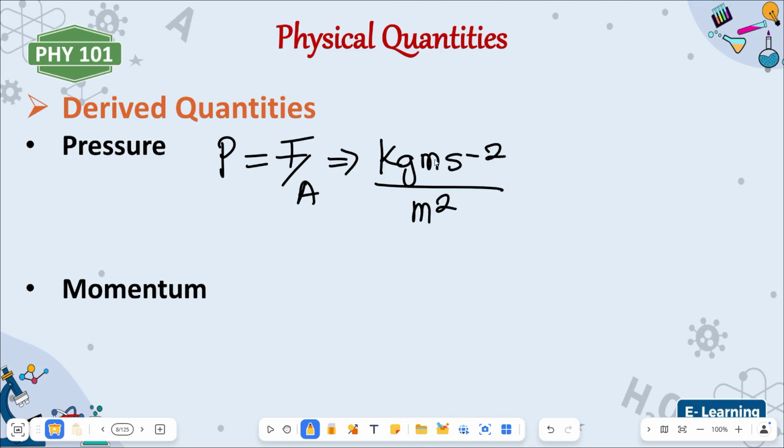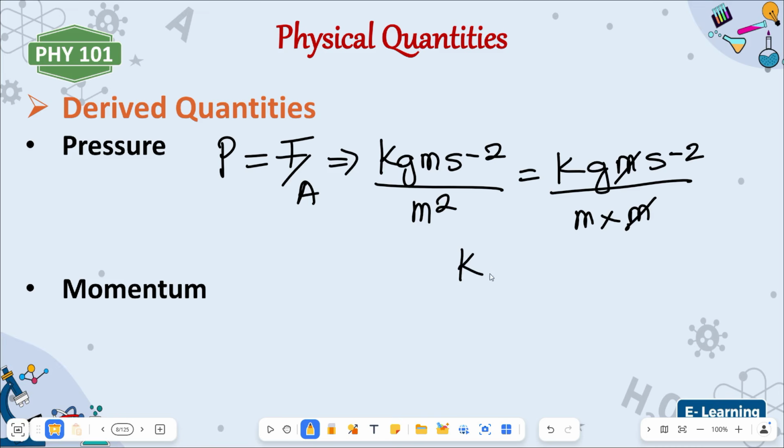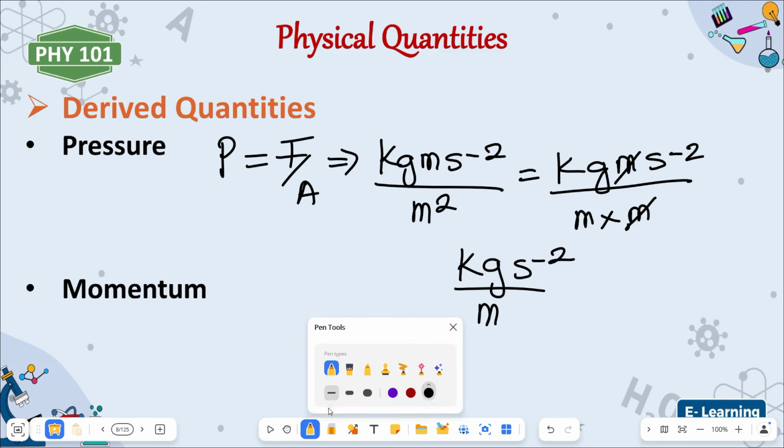All right, of which this will give us kg meter per second square divided by meter square, which is still the same as meter per meter. We can make it easy like this. Now this cancels this. We are left with kg all over meter. Now the general idea is that when you want to arrange this, there's a particular order I like arranging them.